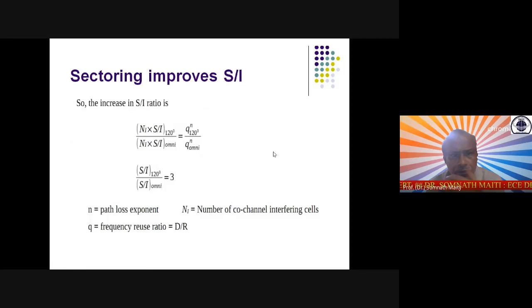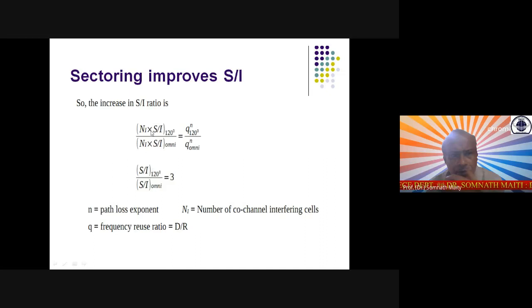So, the increase in SI ratio. Q is the frequency reuse ratio, D by R. D is the distance between co-channel cells. R is the radius of the cell. For an omnidirectional antenna, Ni is the number of co-channel interfering cells.